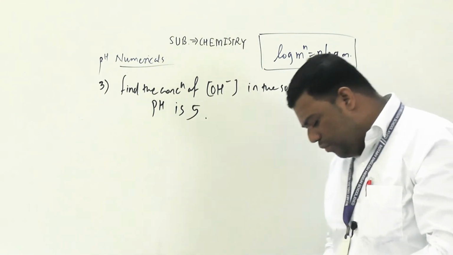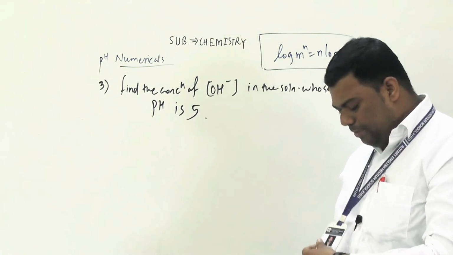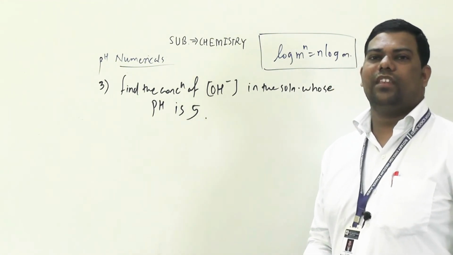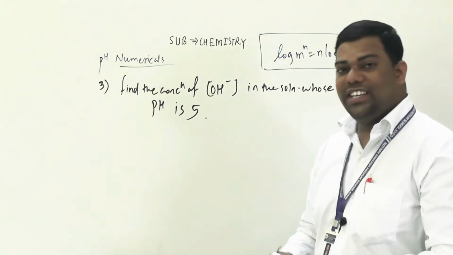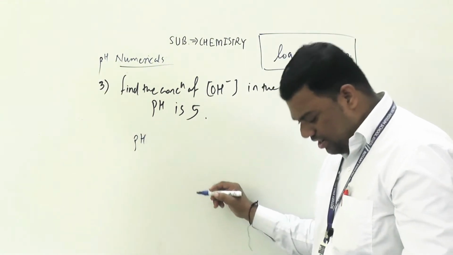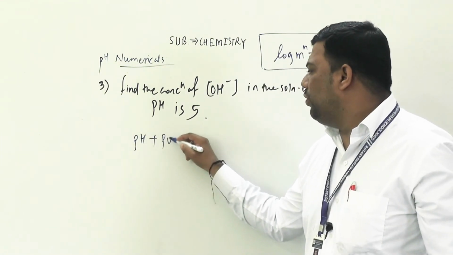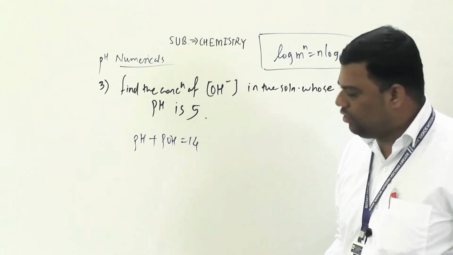As you know, one formula I discussed. So which formula is that? pH plus pOH is equal to what, beta? 14. pH plus pOH is equal to 14.